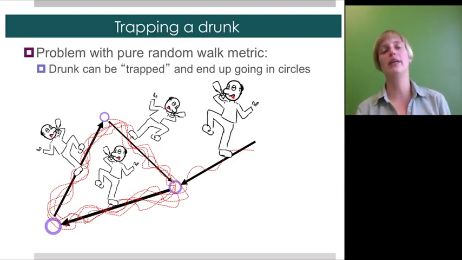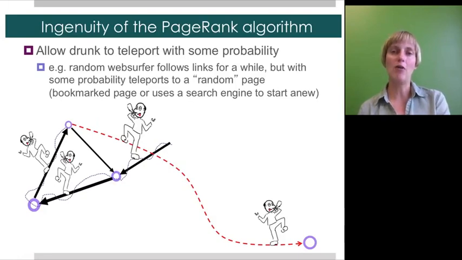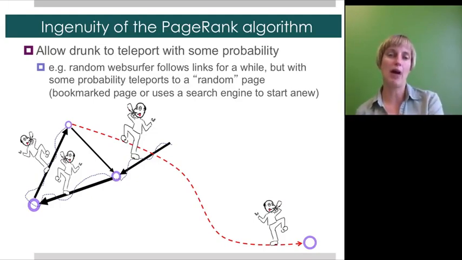So the very cool insight that these two guys, Page and Brin, had was to allow for random teleportation, which is that with some probability the drunk is going to follow an edge when he arrives at a node, but with 1 minus that probability, he's just going to teleport to a random node in the graph.